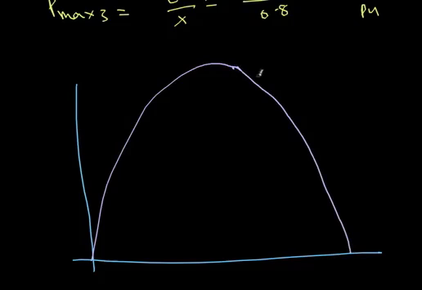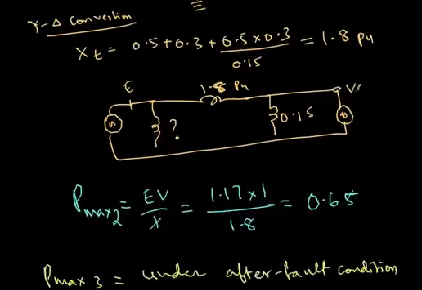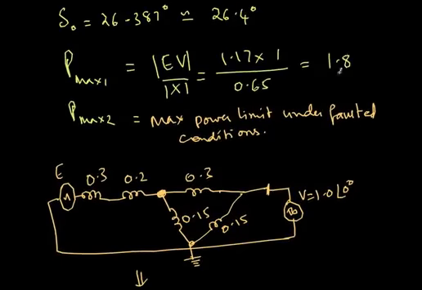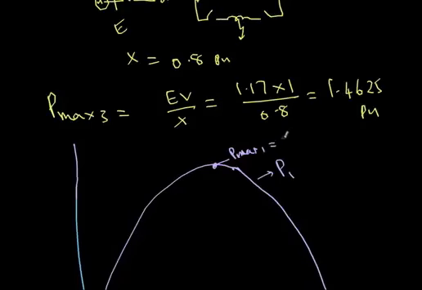So this is under normal operations. This is P1. So the maximum value here, Pmax1, will be equal to 1.8 per unit.